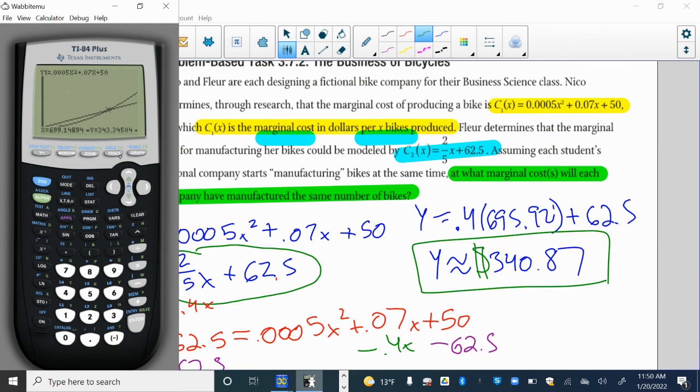But there is a way to calculate an intersection point, if we remember. We did this earlier in the year. So we go into the Calculate menu, second trace to open the Calculate menu. We want to look at where they intersect. And we can hit Enter, Enter, just hovering over the two curves, and then guess. This is right, nice guess. And notice what we get here. 695.92, 340.869.